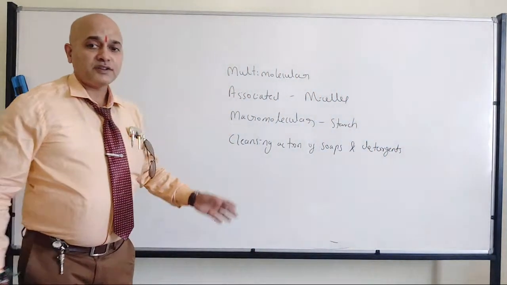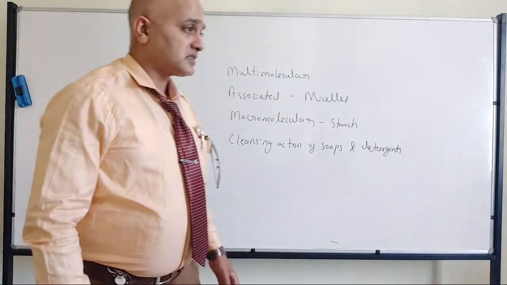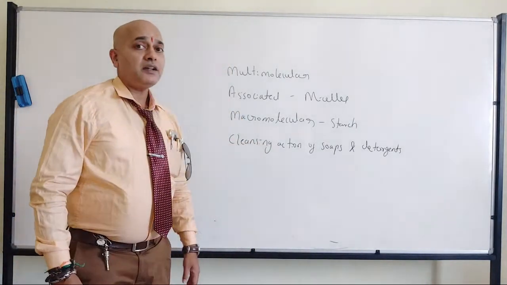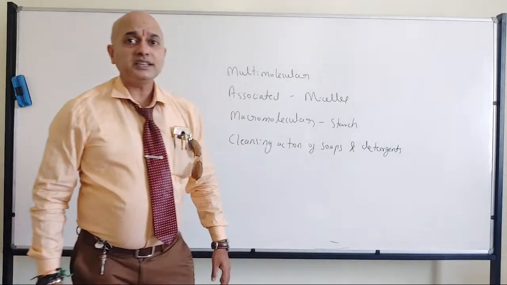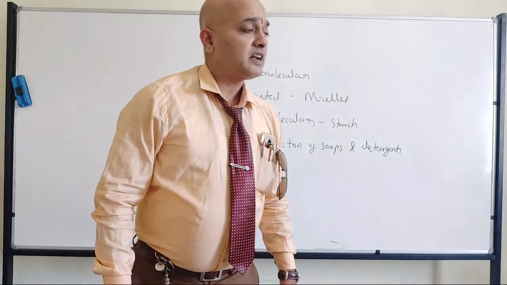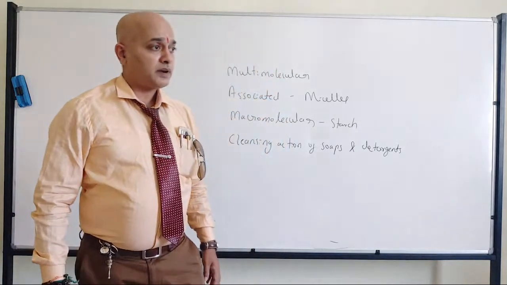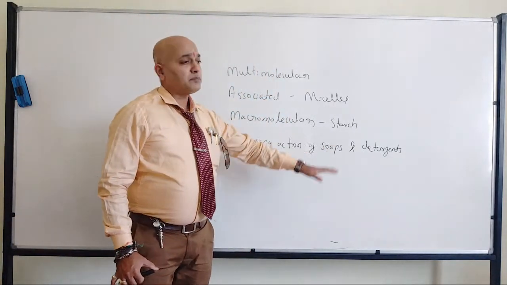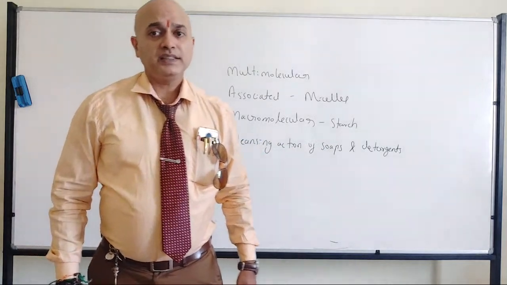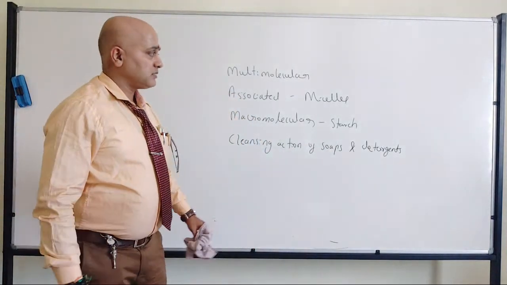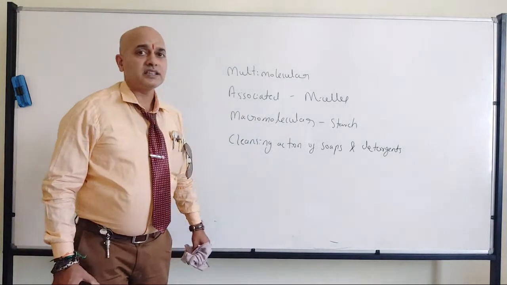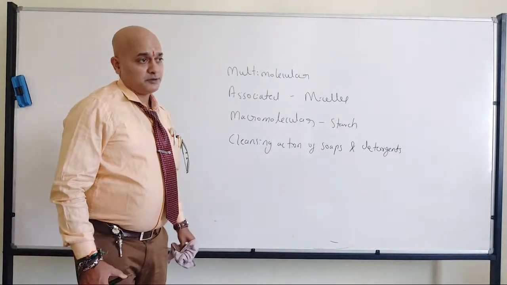Now what is the difference between soaps and detergents? Normally soaps are salts of fatty acids, and detergents have a long chain hydrocarbon with one terminal as a polar region. The compulsory point is that there cannot be a fatty acid in detergents, because there is no carboxyl.